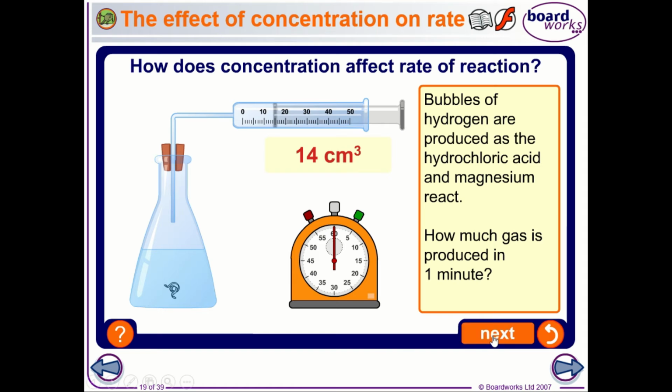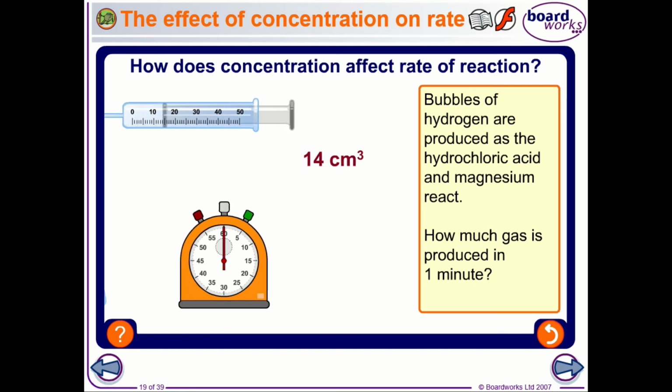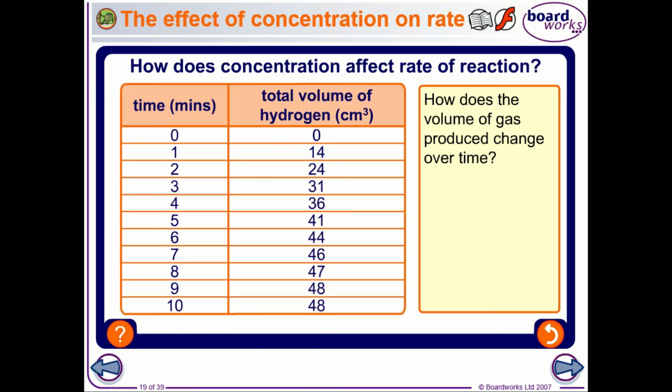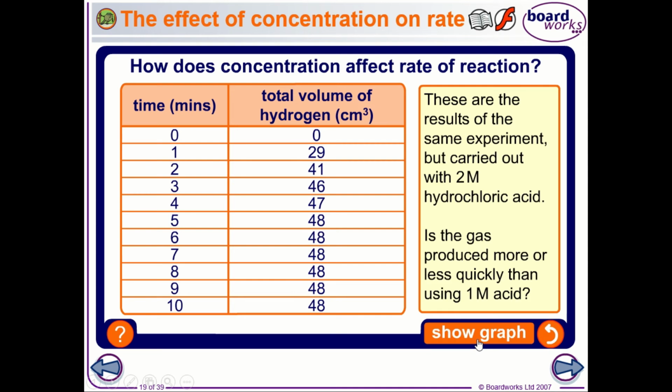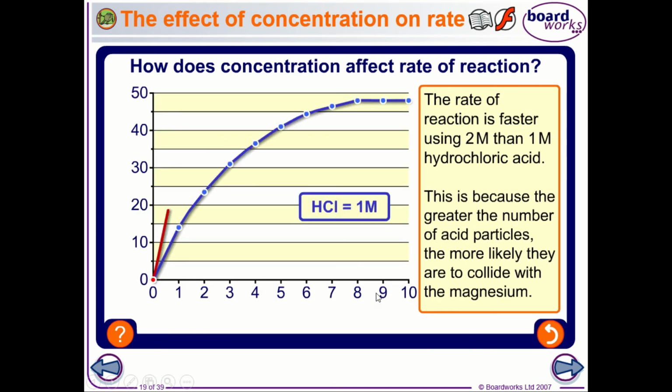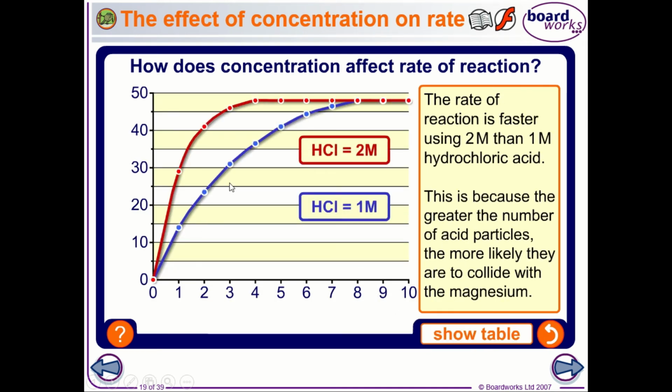Paano naman kapag mas mataas yung concentration ng ating hydrochloric acid? The blue one, ito yung in-experiment natin kanina, ipinapakita niya dito kung gaano kabilis yung rate of reaction using 1 molar concentration ng hydrochloric acid.